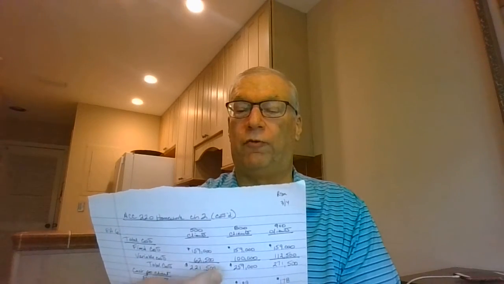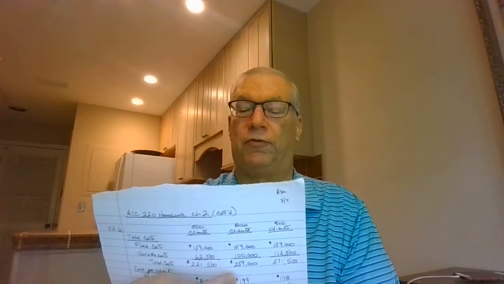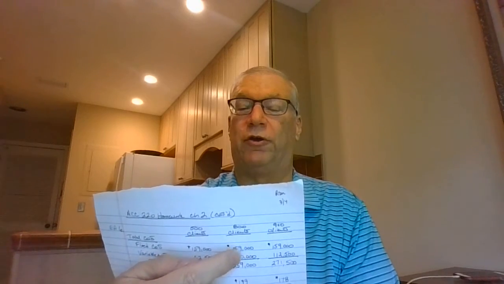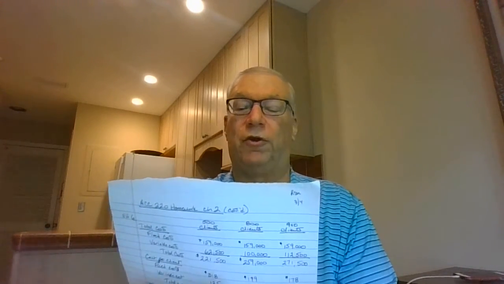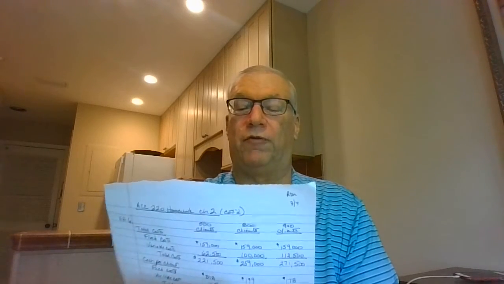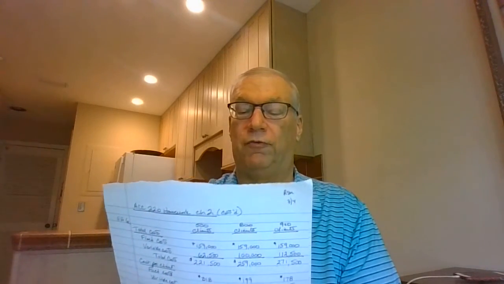And then for 800 clients, you've got almost 160,000. If you had 160,000 here divided by 800, you'd have $200 per client, but here you have 199 when you round it in fixed costs.